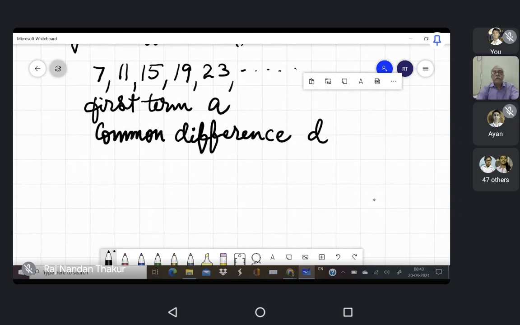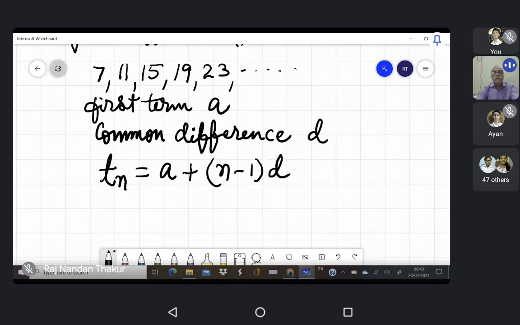We have a formula: Tn is equal to A plus n minus 1 into D. Look at the way of writing Tn. It may be capital T, may be small t. Generally we use small.